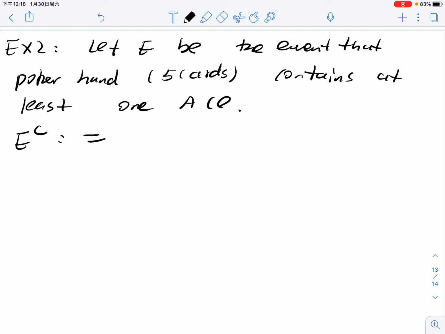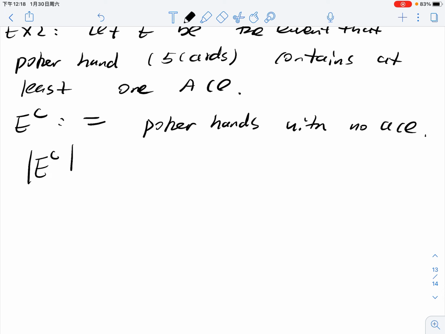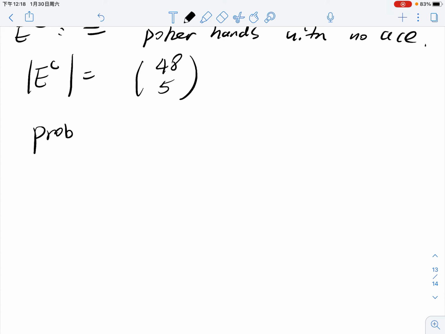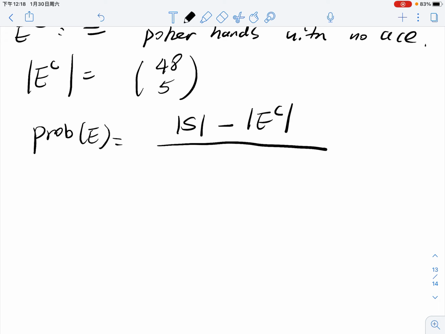So the event E complement is poker hands with no ace. And then the cardinality of the set E complement is 48 choose 5. And then the probability of E is the cardinality of S minus the cardinality of E complement, divided by the cardinality of S.